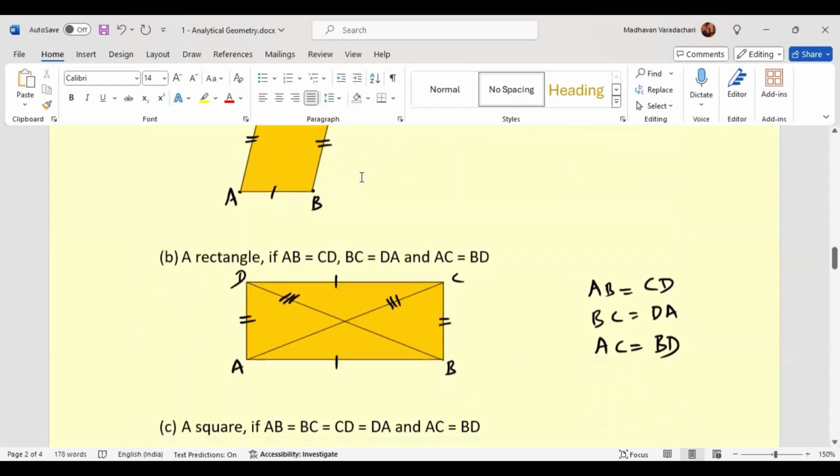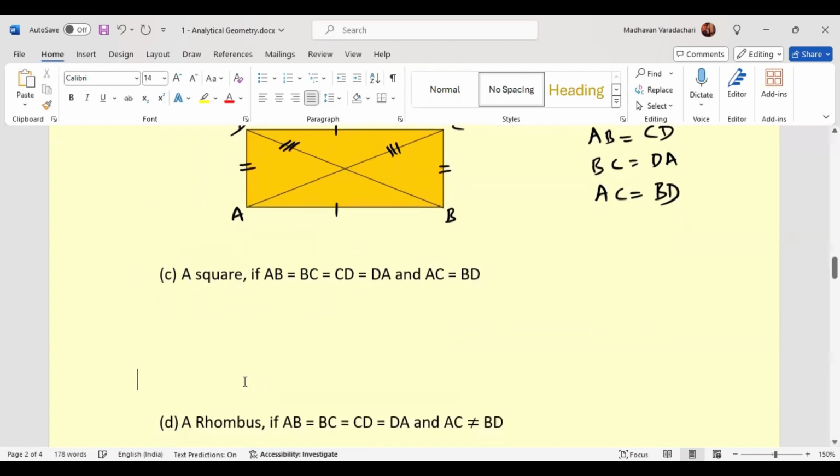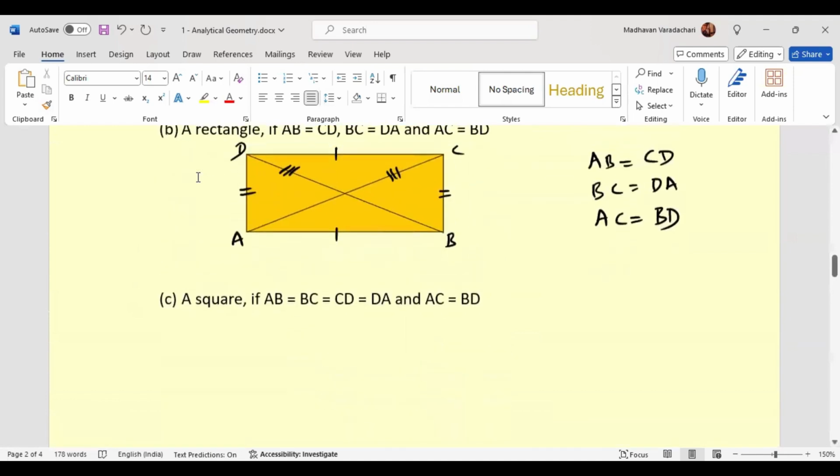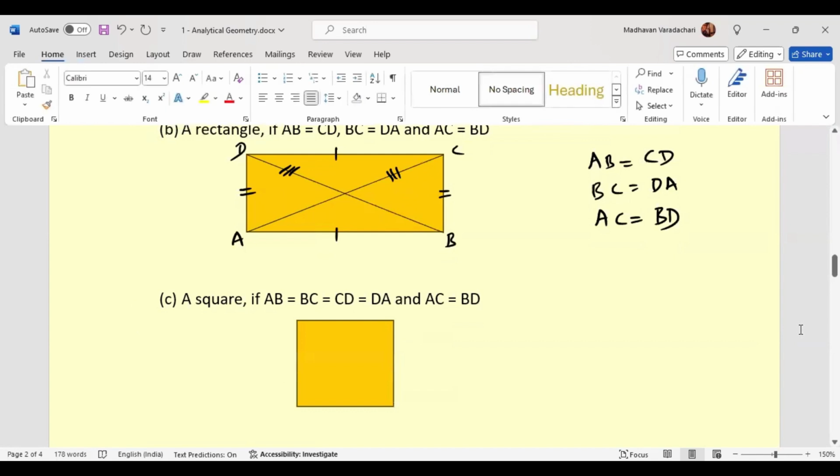A quadrilateral ABCD is a square if AB equal to BC equal to CD equal to DA. We know a square will have all sides equal and also the diagonals are equal. So here we'll draw one square. Consider this to be a square. So of course, all these sides should be equal. This should be the same as this. This should be the same as this.